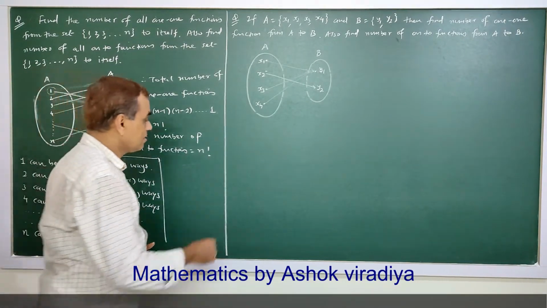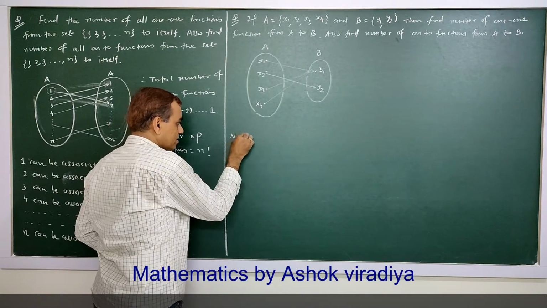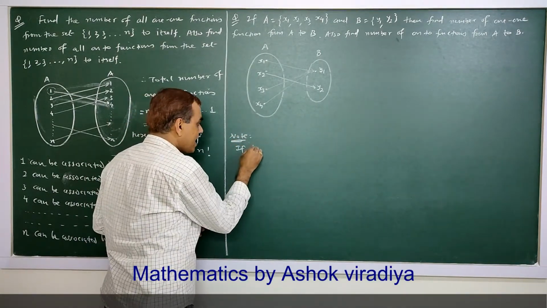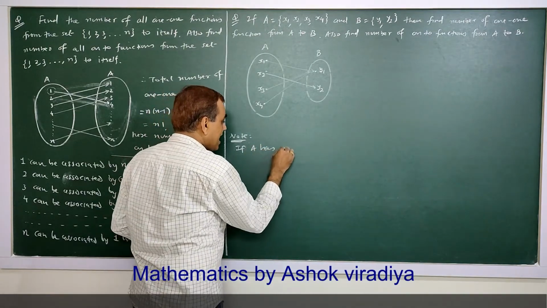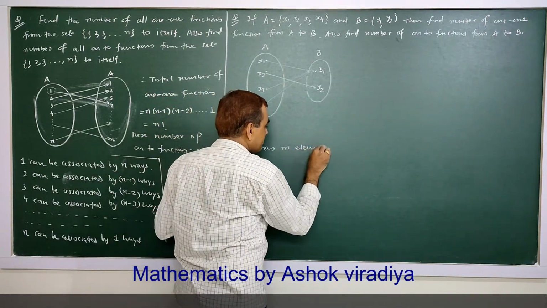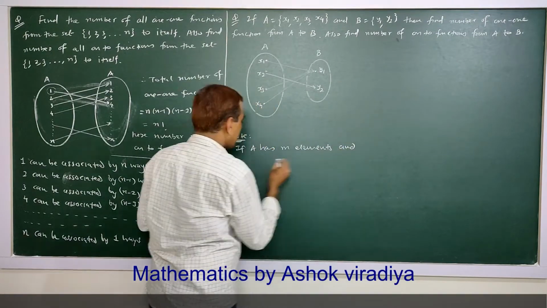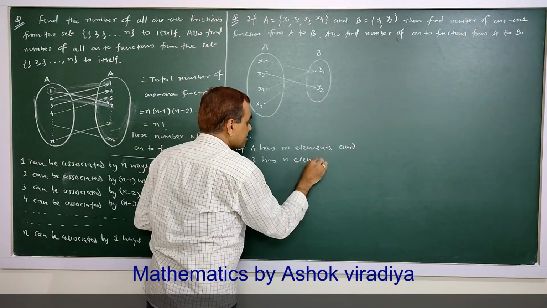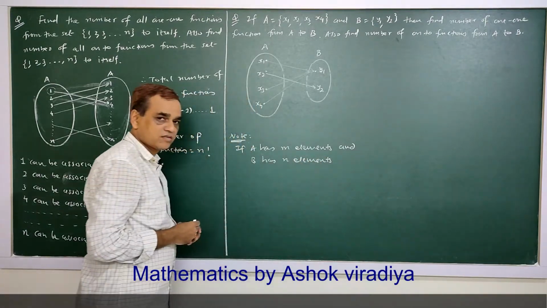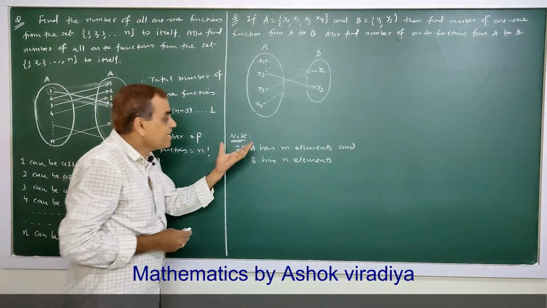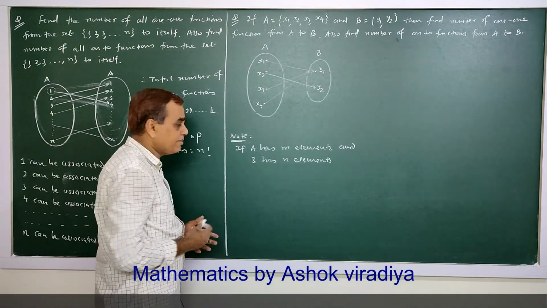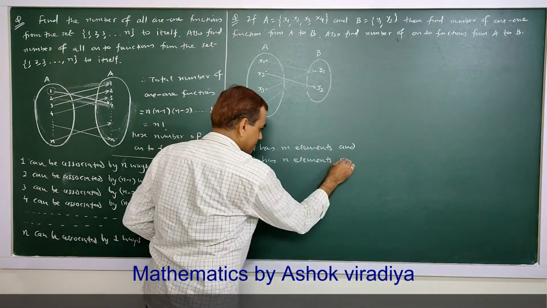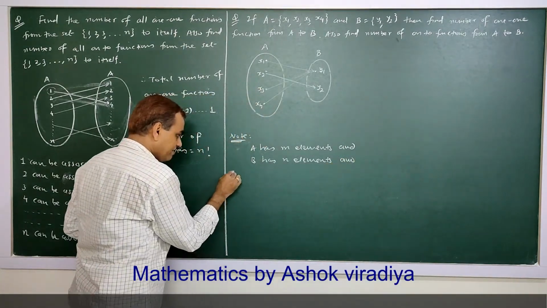So remember one note, that if A has m elements and B has n elements, set A has m elements, set B has n elements, and now here are the differing statements.